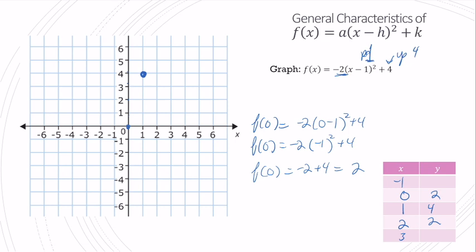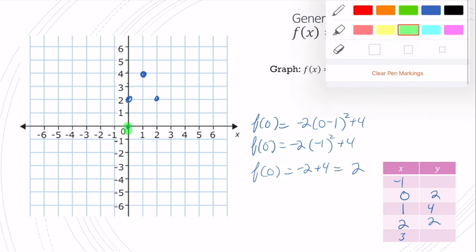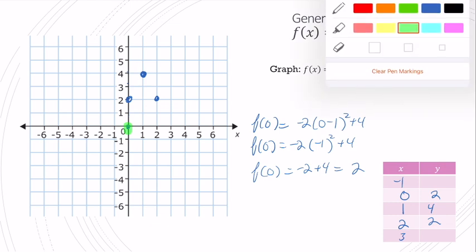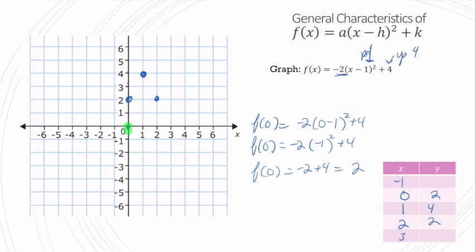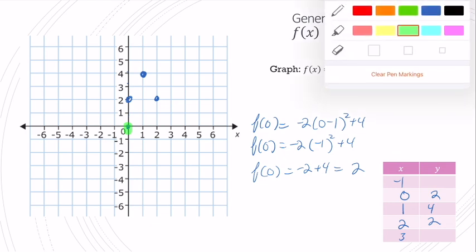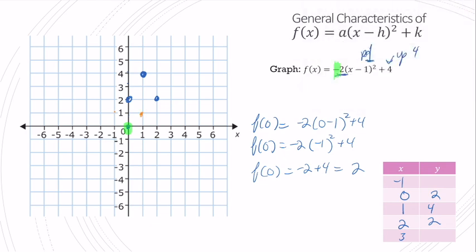Notice now my parabola is going to be opening down. And that makes sense because there was this negative in front. And it's also growing twice as fast. Whereas before, I would have had just going up by 1, now it's flipped and going down 2.